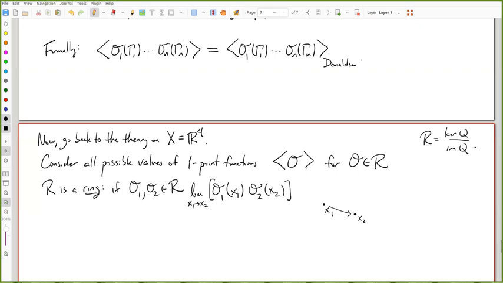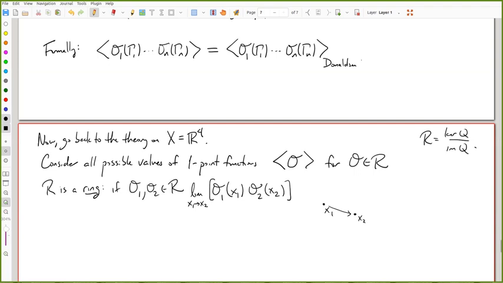So as I move the operator x1 closer and closer to x2, on the one hand, the Q cohomology class isn't changing. On the other hand, the thing that I get looks more and more like a local operator. I can bring them as close together as I want, and so that's a rough argument that you can construct a new local operator by taking the limit as one of them approaches the other.